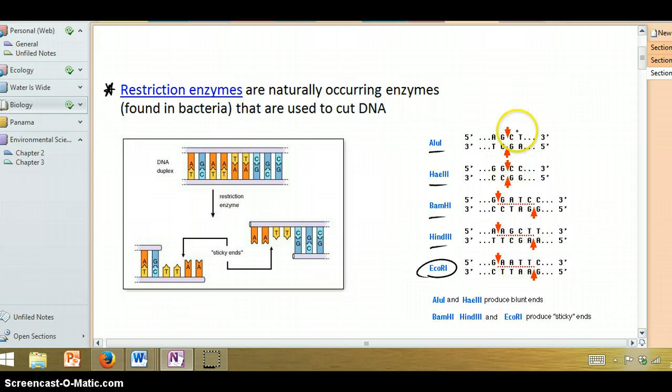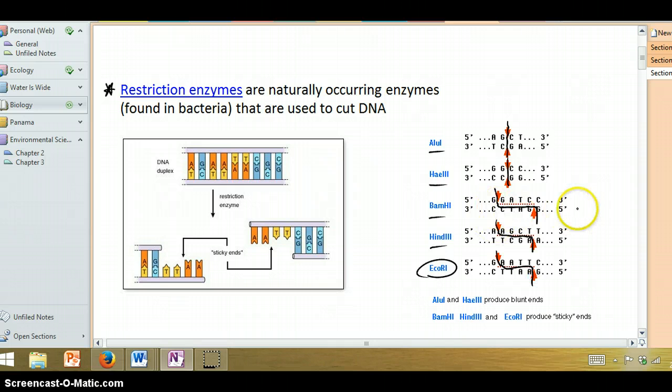And so these restriction enzymes cut at particular sequences of DNA, as you can see here. So for example, AluI always cuts where it says AGCT, or TCGA on the opposite strands. And you notice it cuts straight across, and the same with this one here. Now these other ones, BamHI, HindIII, EcoR1, they all cut in a zigzag pattern, okay?